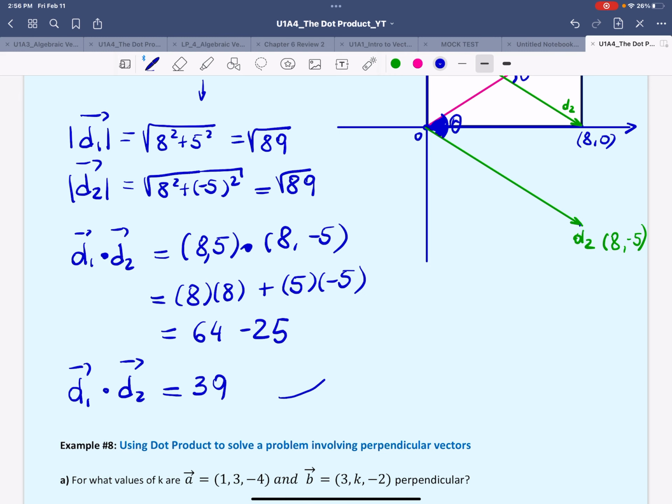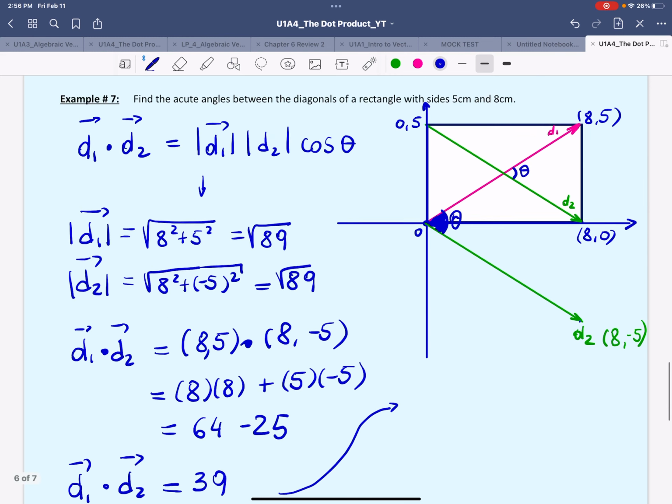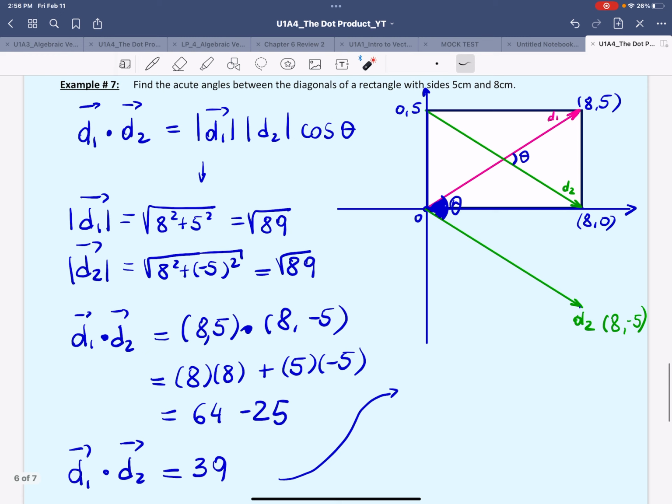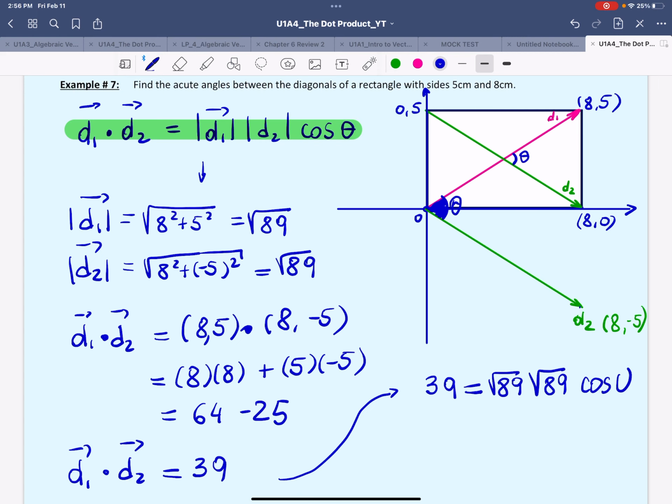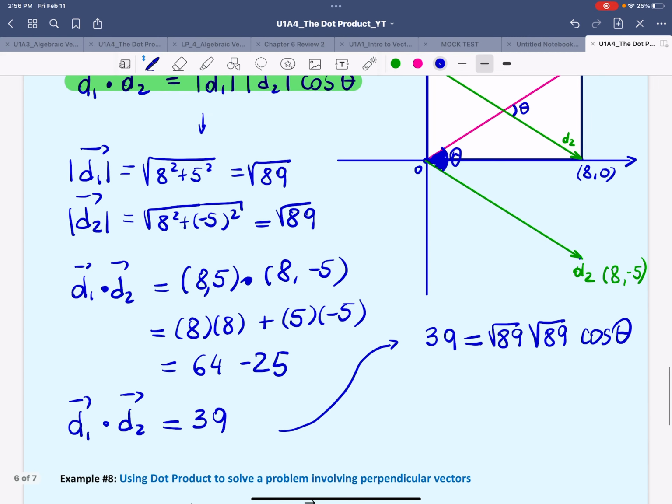So let's put all these numbers to work. Again, this is the formula that we are using. That's highlighted. So we'll say that D1 dot D2, which we now know is 39, equals magnitude of D1 root 89, magnitude of D2 root 89, cosine of the angle that we don't know. So 39 equals 89 cos theta.